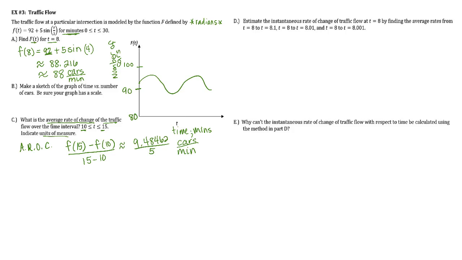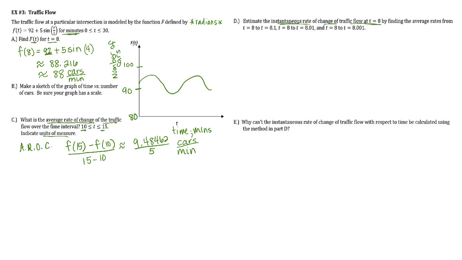All right, so let's find the next problem, part D. And so it wants us to calculate, and it looked like we need to set up a few intervals here. So let's see, goodness, we need to estimate. So again, we're estimating the instantaneous rate of change of the traffic flow at time t equals 8.